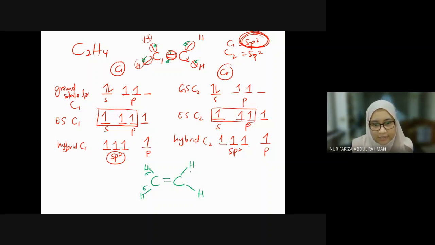This is sigma, sigma, sigma. This is sigma, this is pi. Okay, alright. So sp2, okay, kita nak pair dia dengan siapa? Okay, look at the first. Yang ni is between hydrogen, betul tak? Hydrogen akan masuk. Katakanlah this hydrogen is for this first hydrogen here. And the second hydrogen for C1 will be this one.